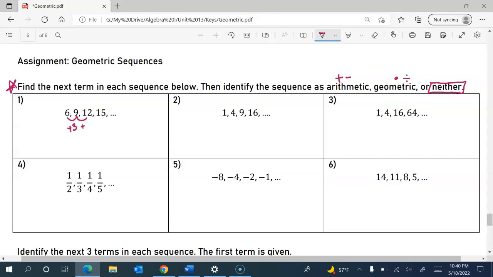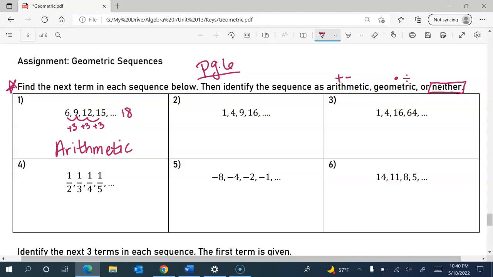From 9 to 12, we're also adding 3. 12 to 15, we're adding 3. So if I were to guess what my next term would be, 15 plus 3 is 18. And since we're adding each time, this is going to be arithmetic. Right. For those of us lost, this is page 6.